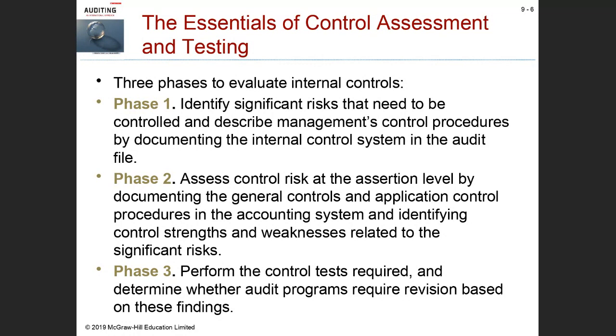Perhaps at the start of the audit, we thought internal control was strong and we would be able to limit our substantive procedures. However, as we go along and test the internal control, maybe we discover, in fact, they're weak. And once we learn that the internal controls are weak or not working, that means we have to revise our audit program and do more substantive procedures, not less.